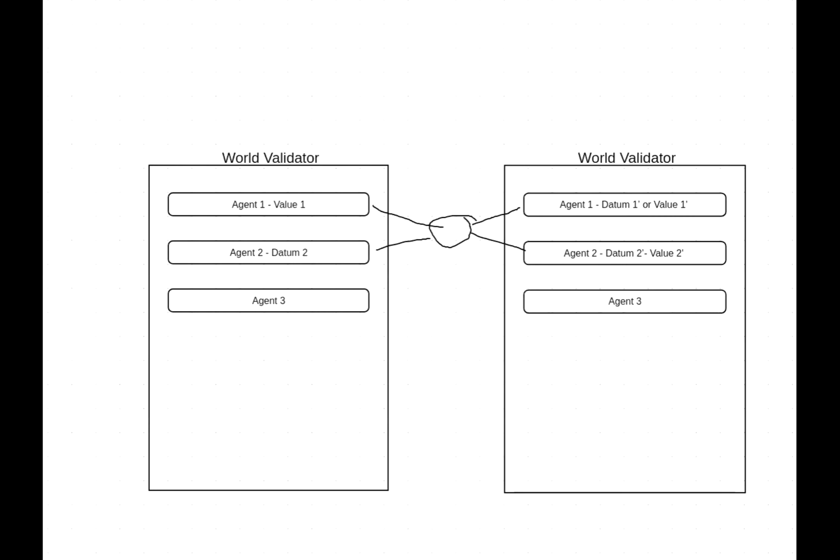So you would check that there's an output with the same datum that contains the NFT. And then what actually changes could be the value, right? That certain resources get swapped between agents. And the rules for that could, in principle, be encoded in the datum of the agent.